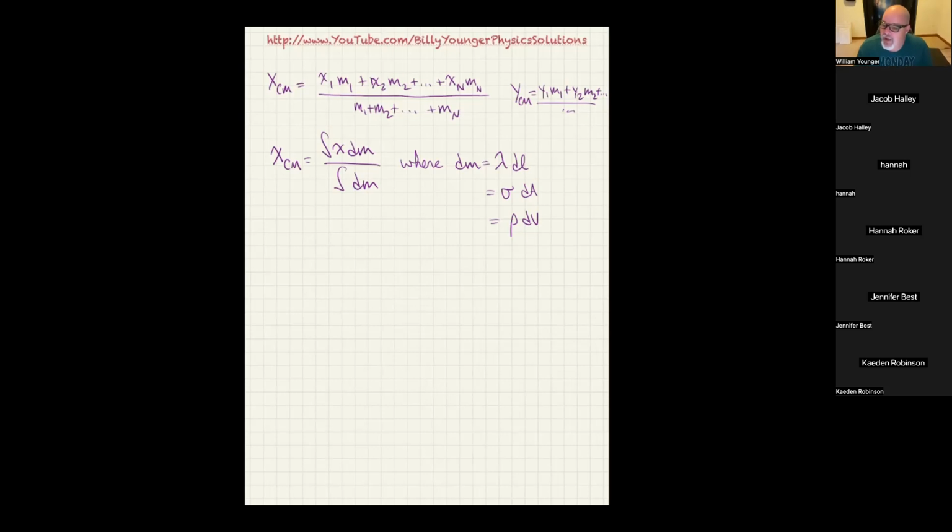In that case, it's not reasonable to waste any time measuring the thickness. You just measure the width and the height, and then divide the mass of that sample by that area, and that would give you the area density, which is sigma. And then, of course, if you had a three-dimensional object, you'd use rho. If they were uniformly distributed, lambda would be a constant in units of kilograms per meter, sigma would be a constant in units like kilograms per square meter, and rho would be kilograms per cubic meter.